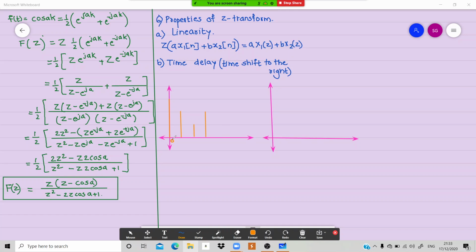This is 0th instance, first, second and third, and now you are talking about shifting it by 3 places on the right hand side. So now what is going to happen? 0, 1, 2, 3. Correct. If you are shifting it by 3, 4, 5, 6. Now what is going to happen? This signal will be your third instance. So I'll draw.